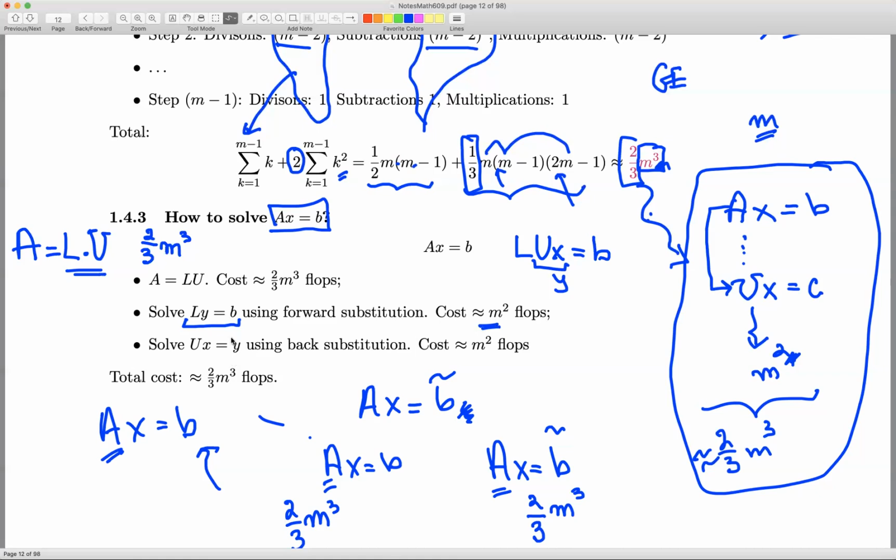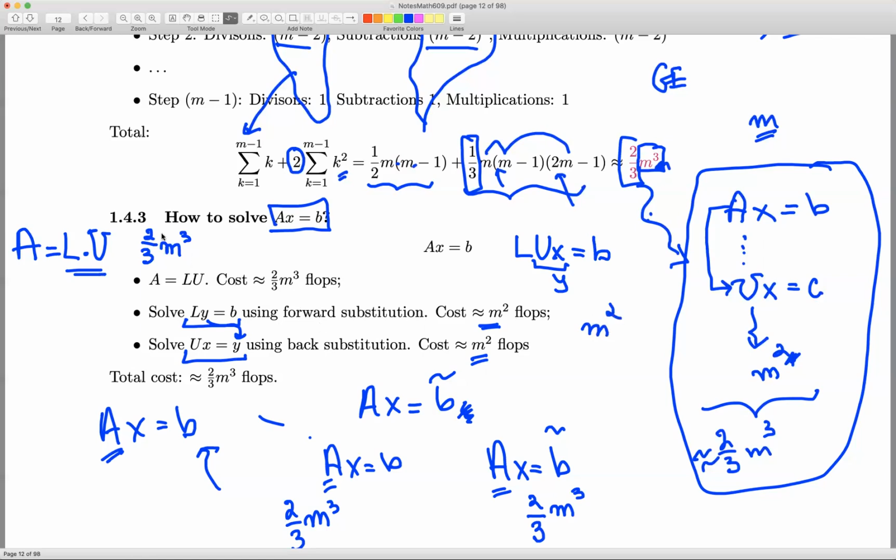Now, since I will have Y here, by the fact that UX is equal to Y, I know Y, and then I can solve this system to find X using back substitution, because my U is an upper triangular matrix, and the cost will be m squared. And therefore, every time a new B comes, I will have just a cost m squared.